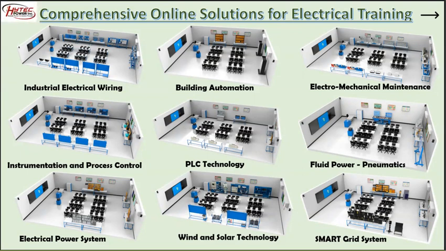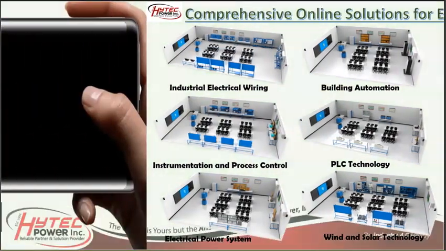Now, the following laboratories are such. We have the industrial electrical wiring, building automation, electromechanical maintenance, instrumentation process control, PLC technology, fluid power, pneumatics, electrical power system, renewable energies for wind and solar, and lastly, our smart grid system.